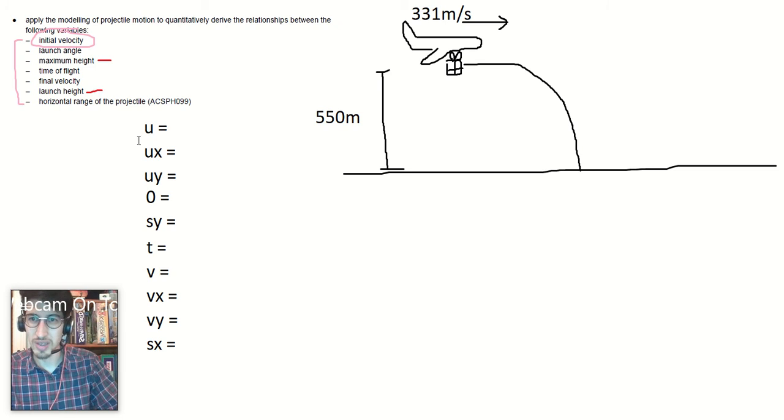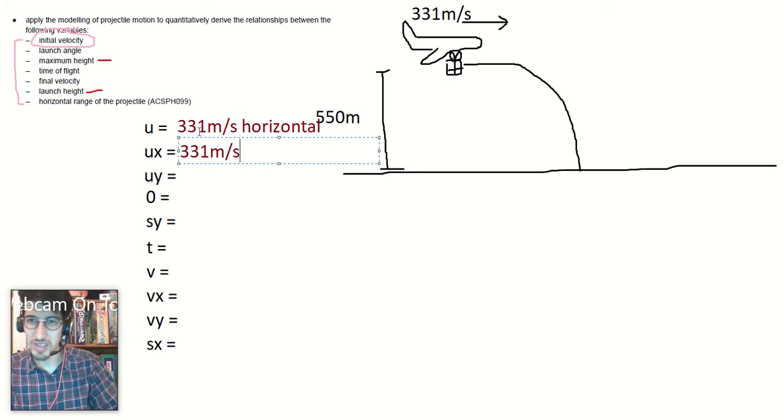Let's put these in a nice color. 331 meters per second, horizontal. It is a vector, so it is important that we give a direction if we can. ux is going to be 331 meters per second. We know it's horizontal because it's got x in there.